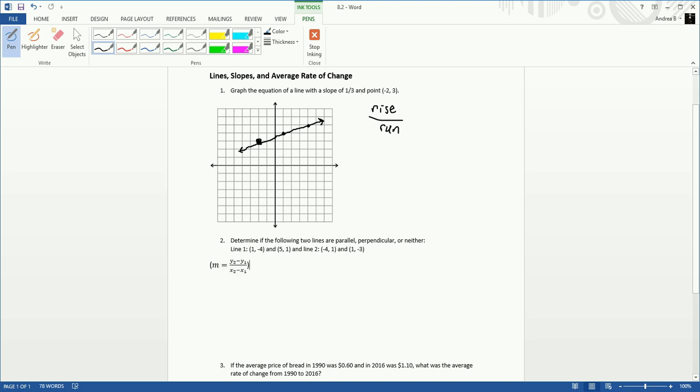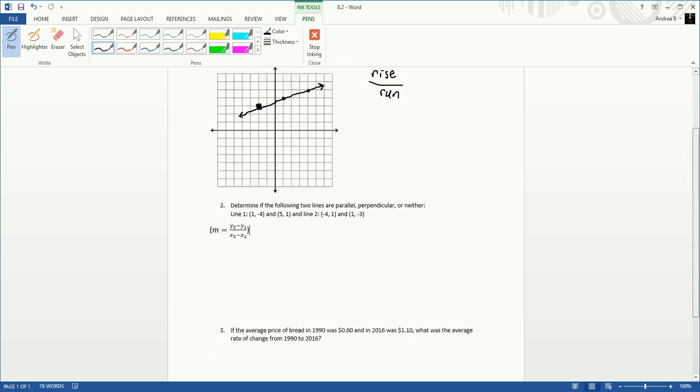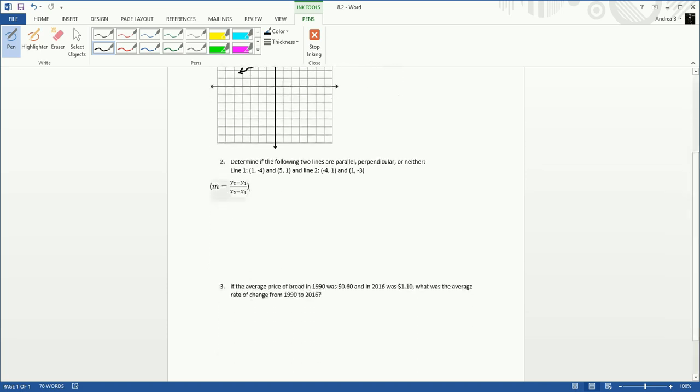For number 2, determine if the following lines are parallel, perpendicular, or neither. So I have the formula written down for slope once again. We have slope is equal to, which remember is what that m represents is the slope, y2 minus y1 over x2 minus x1.